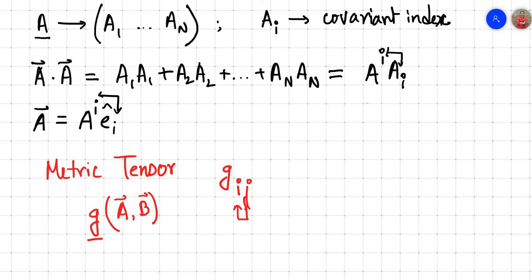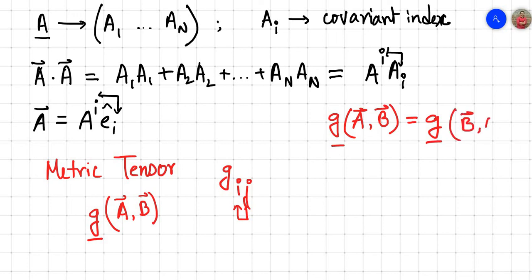One of the properties that it will have is that g(A, B) is equal to g(B, A). That means it is symmetric in both of its arguments. And this is what we define to be A dot B. I'll speak more of it in the next video.